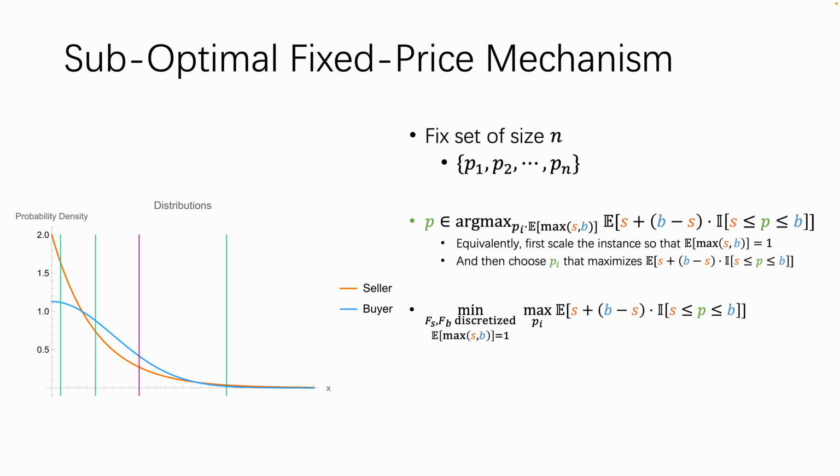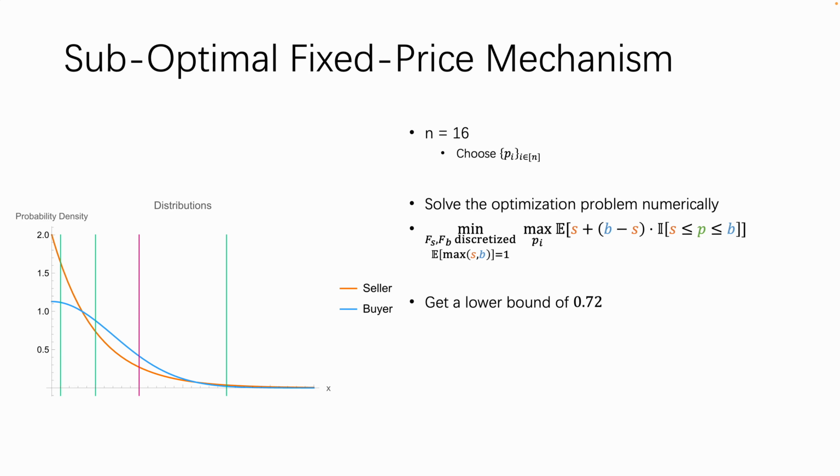So now let us look back to our suboptimal fixed price mechanism. We know that the worst case of the outer minimization problem must be achieved at some discretized distributions. This is much nicer because we change an infinite dimensional optimization problem to a finite dimensional one, and it becomes much more solvable.